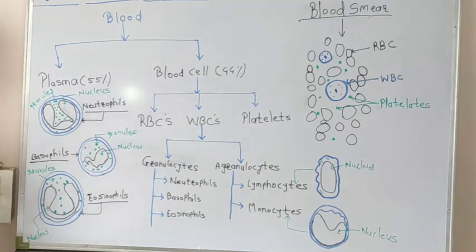And these granulocytes are made up of stem cells, and stem cells are also of various types. There is one type of stem cell called myeloid, and these granulocytes are made up of myeloid stem cells.